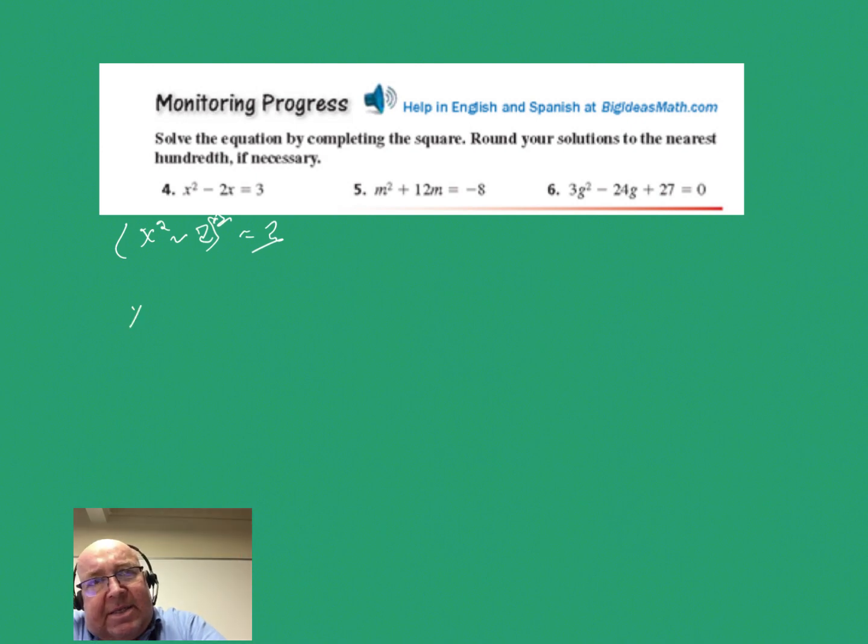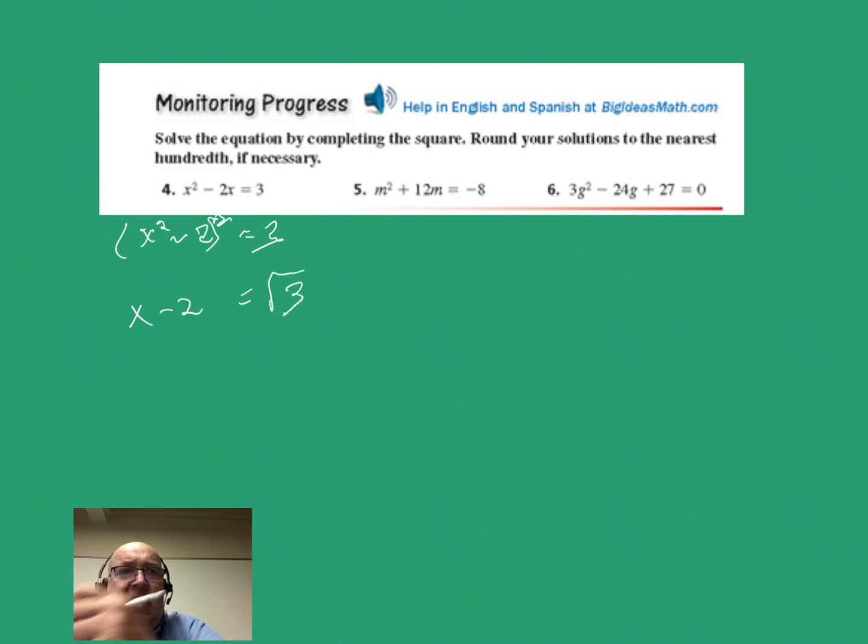We're going to get x minus 2 after we do the square root of each is equal to the square root of 3. Square root of 3 is probably about 1.6 maybe. Let me check that for sure with my handy calculator.